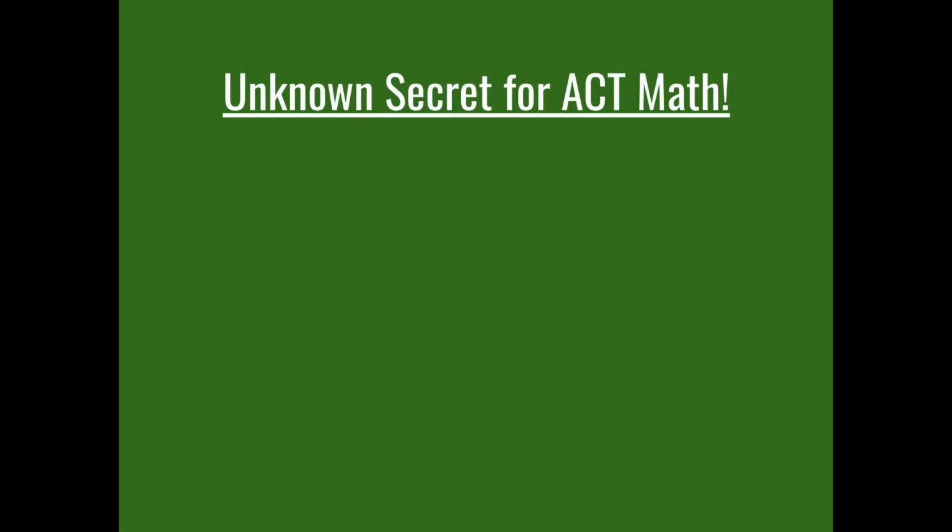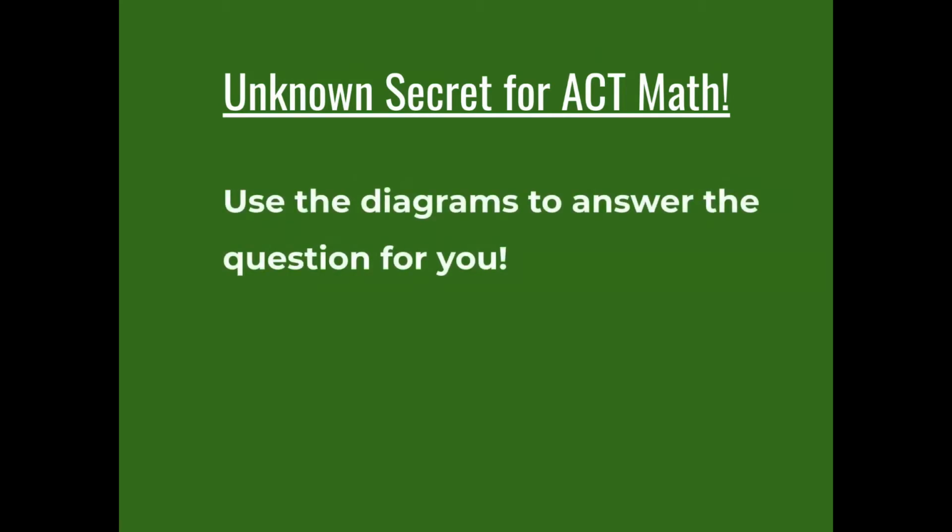So today I'm going to be talking about this unknown secret for the ACT math section that I actually ended up using a lot, and I feel like not too many students know about this, and I'm going to tell you what it is today. So basically this secret is that you have to use the diagrams to answer the question for you.